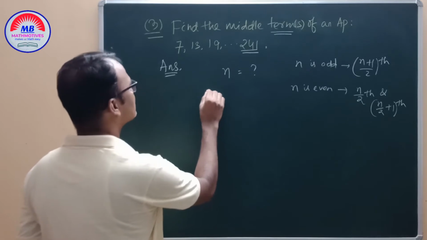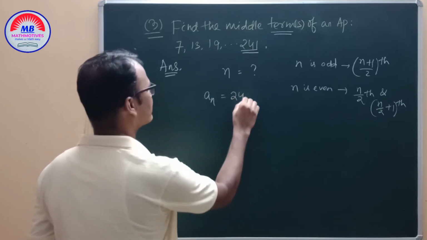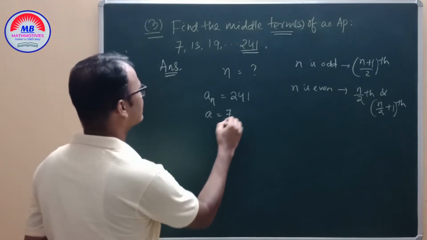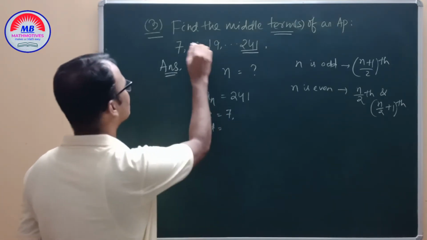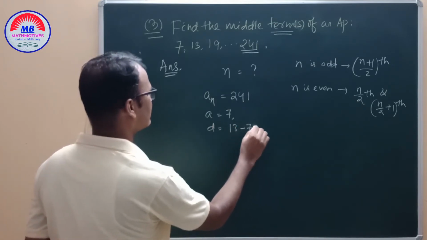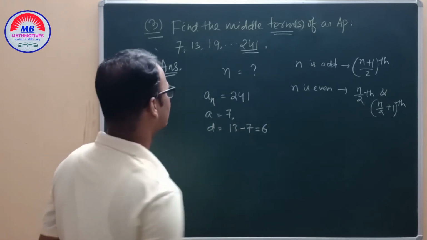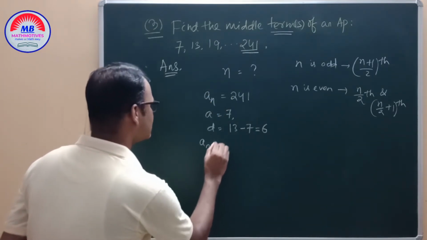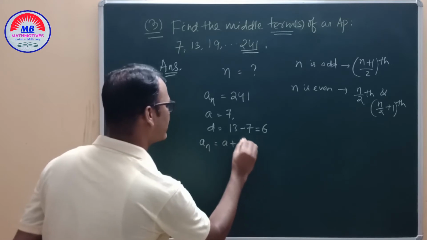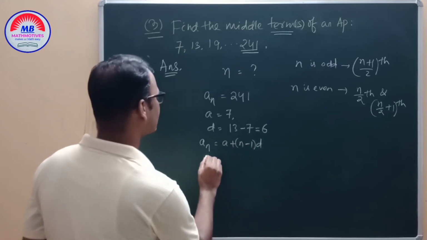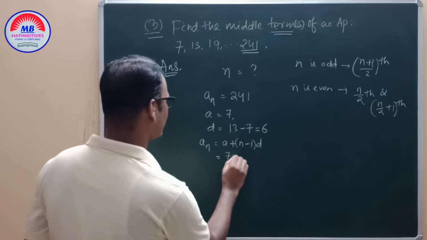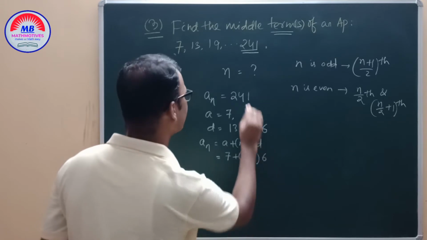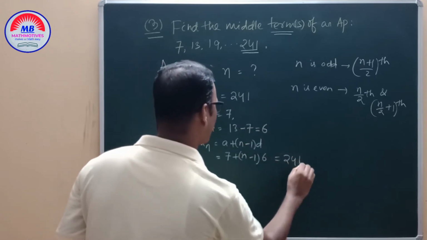Last term is an equal to 241 here, and in this AP a equal to 7 and d equal to 13 minus 7 equal to 6. Then n formula is what? a plus n minus 1 into d, that equal to 7 plus n minus 1 into 6, and it is given 241.